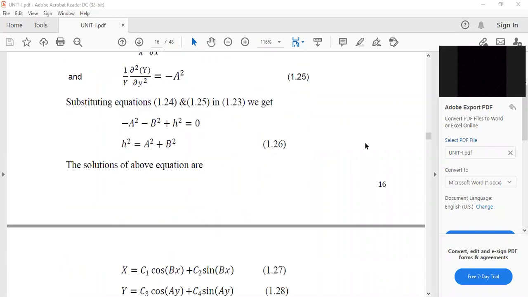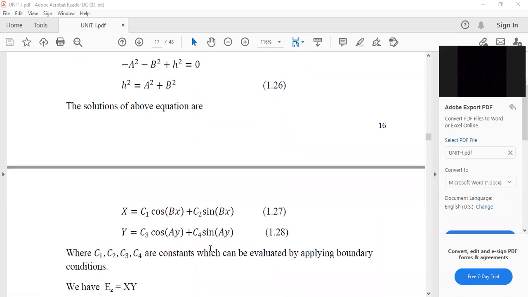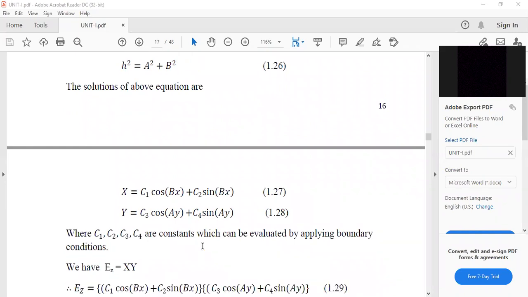So to solve the above equation, you can write the x component and y component. So x is equal to c1 cos bx plus c2 sin bx, and y is equal to c3 cos ay plus c4 sin ay.